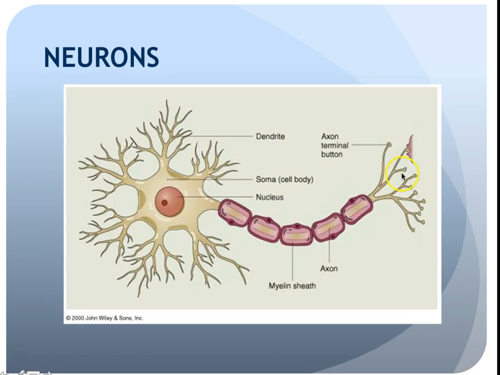These are the sites of neurotransmitter storage, synthesis, etc. And this is where the neurotransmitters are going to get released. We'll talk a little bit about that in more detail as we go. Outside of the axon, you can see that we have this thing called a myelin sheath.